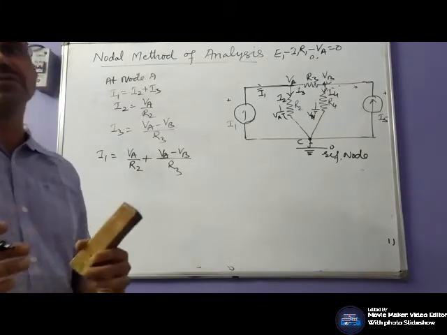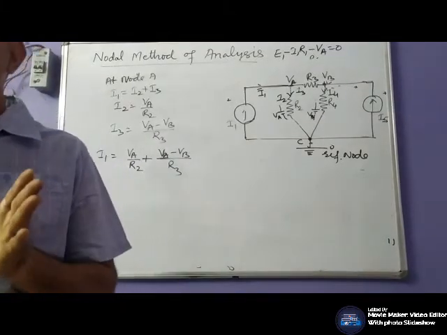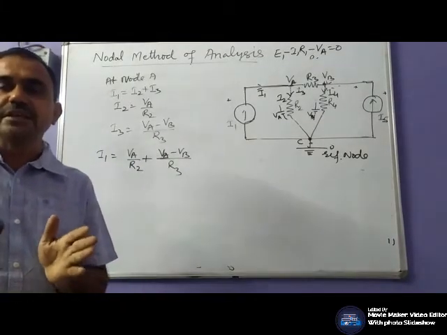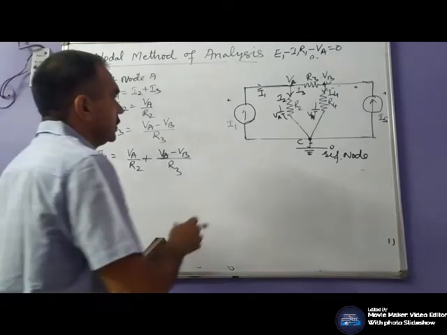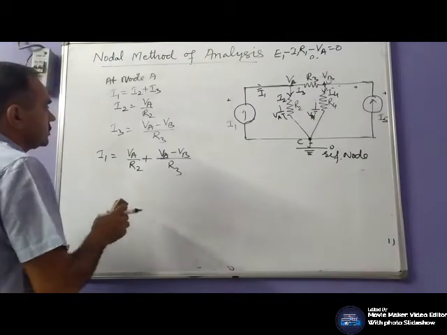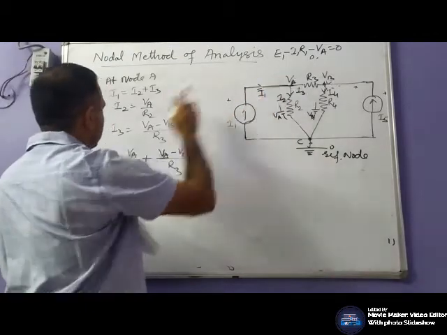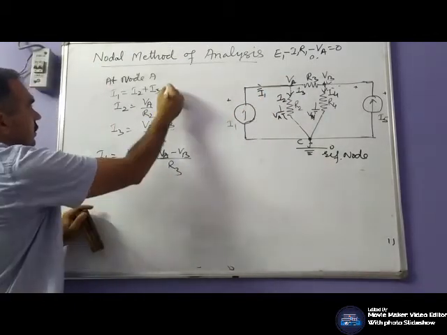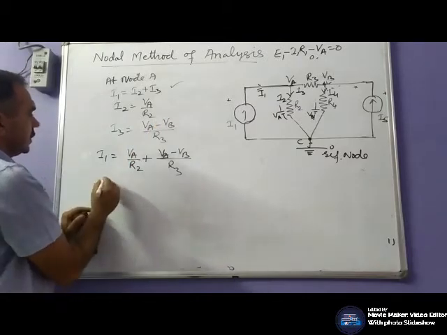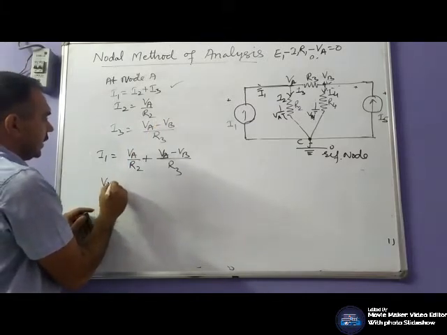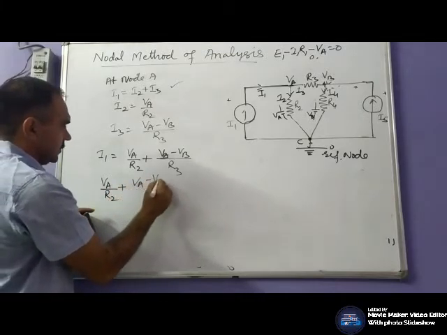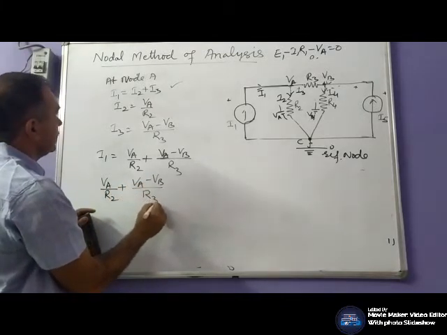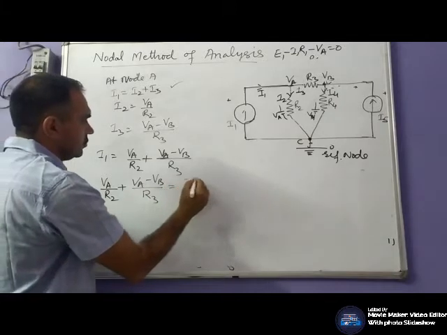Because the current source would not have the resistance in series, it would have the resistance in parallel. So this would now be I1, VA by R2, by R3, is equal to I1.